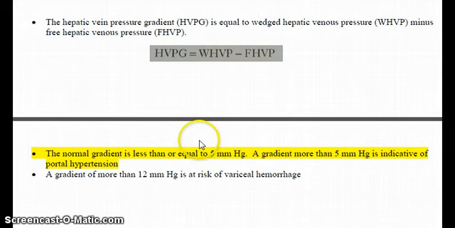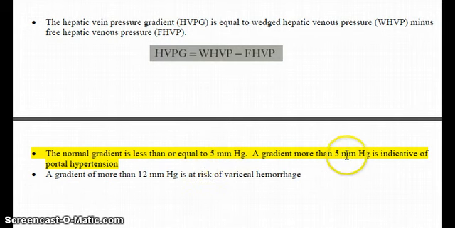If the wedged pressure is 10, then that would be considered okay. A gradient more than 5 is indicative of portal hypertension.